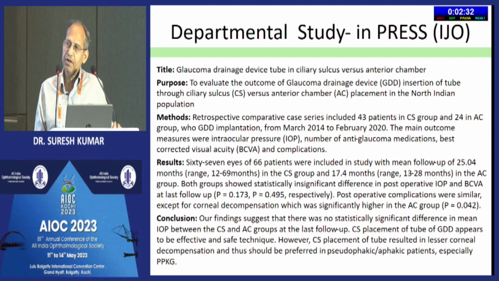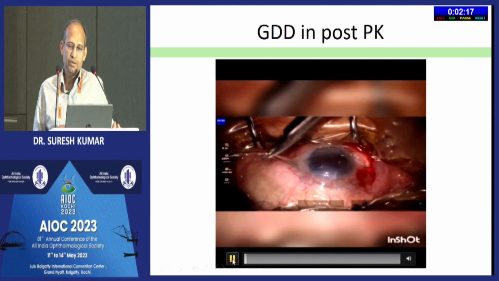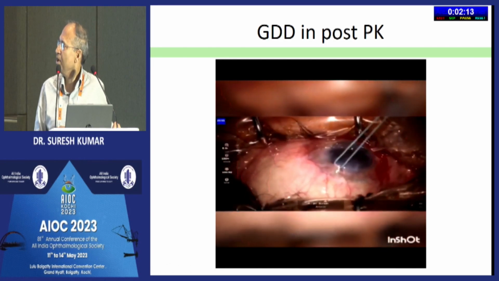So we advocated use of the tube in the sulcus wherever possible, like in patients having aphakia or pseudophakia, especially in post-penetrating keratoplasty glaucoma. Here is a small video showing AGV implantation in post-penetrating keratoplasty glaucoma.